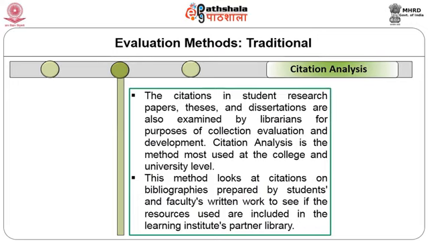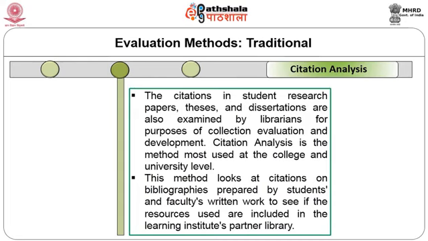Though citation analysis is slightly replaced with emerging methods such as altmetrics, propagated by Plum Analytics also, which we will be discussing later for its application in the electronic resources. The citation analysis is a method that is used mostly at universities and research levels, which looks at the citations on bibliographies prepared by the students and faculty written work to see if the resources are included in the learning institute's partner library.